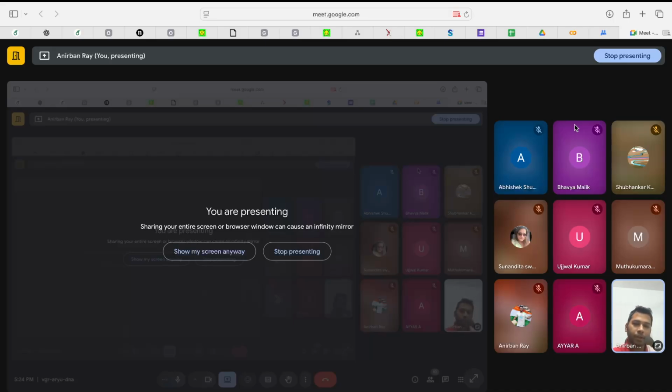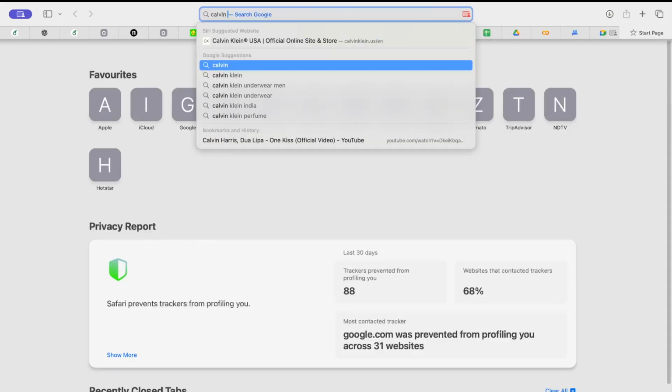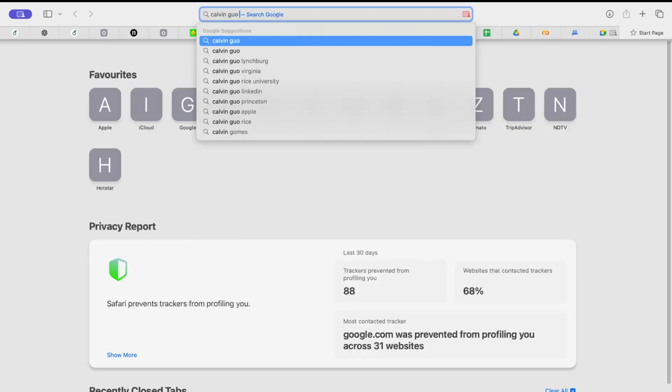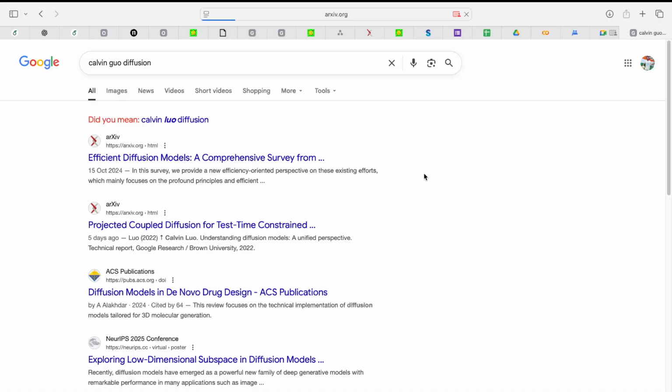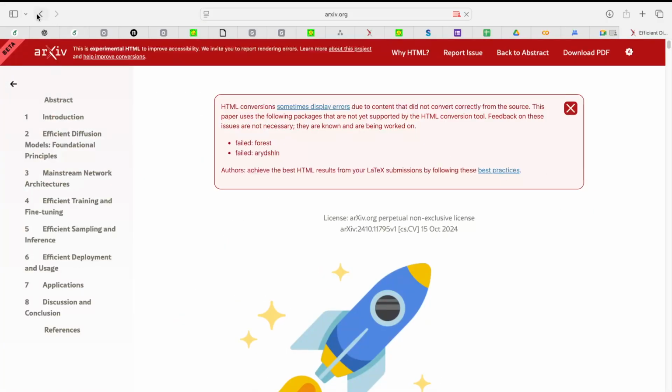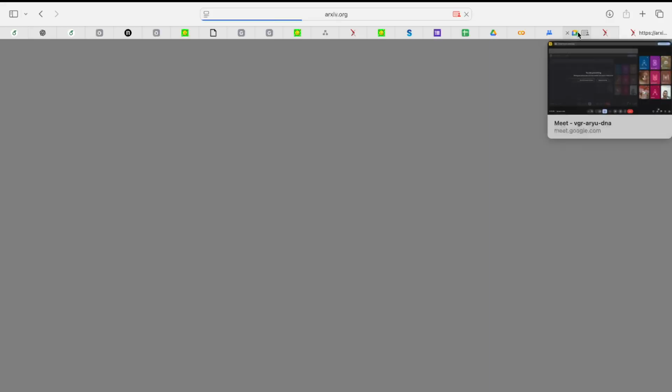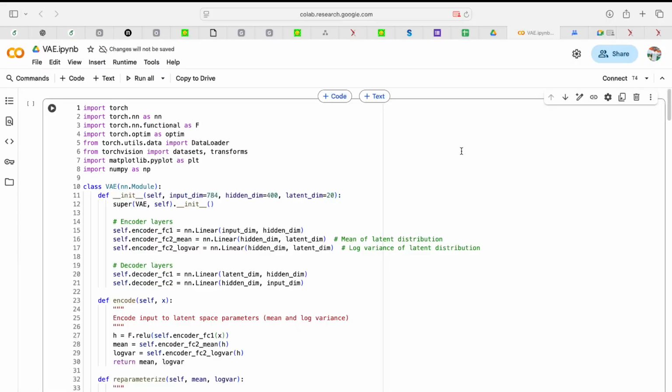Let me show you here only. So while it is up, let's try to understand the VAE.